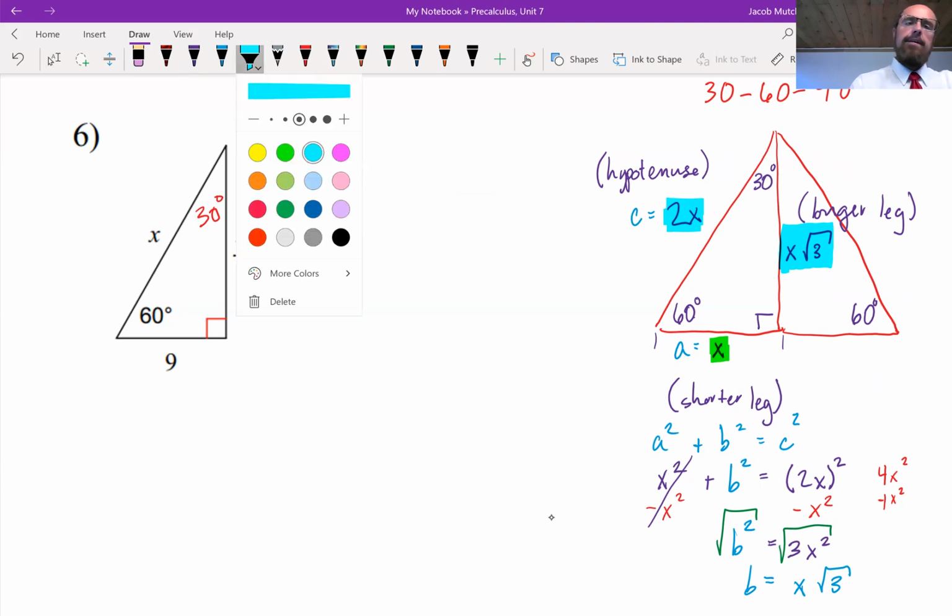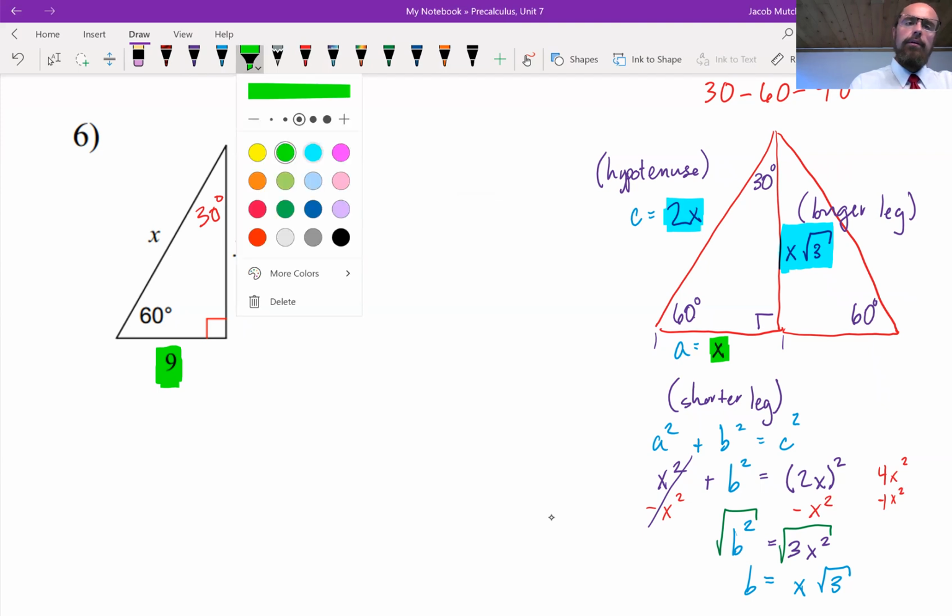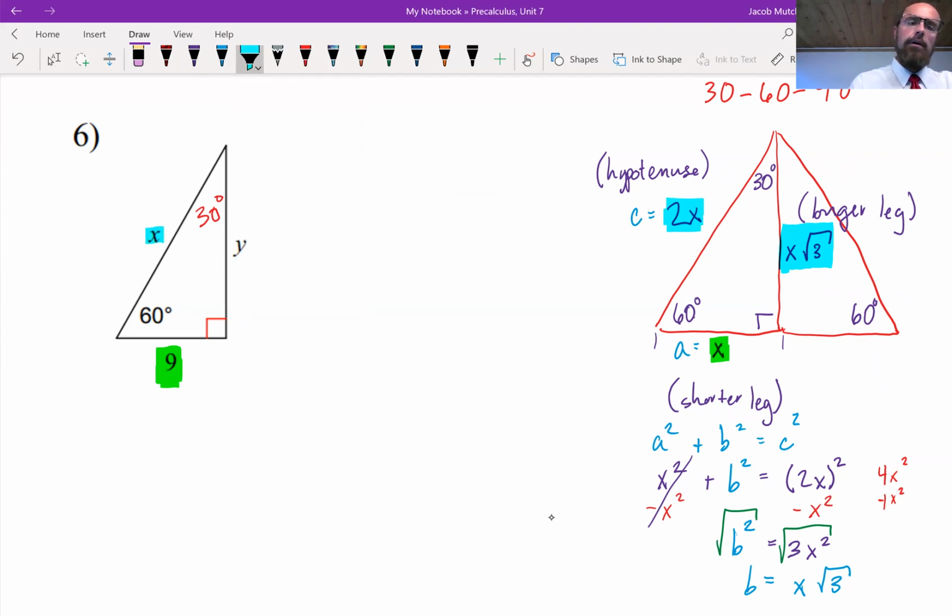I can identify that it has a shorter leg of 9. And so for me to get from the shorter leg to the hypotenuse, which is here labeled X, all I have to do is multiply it by 2. So X here is going to be 2 times 9, or 18.